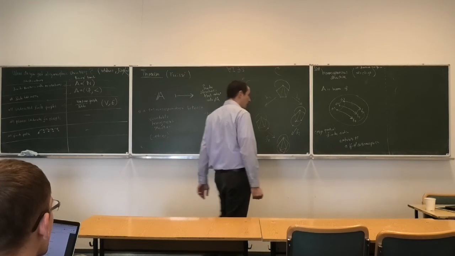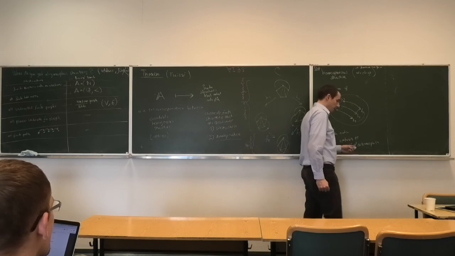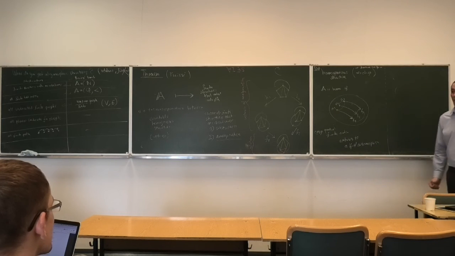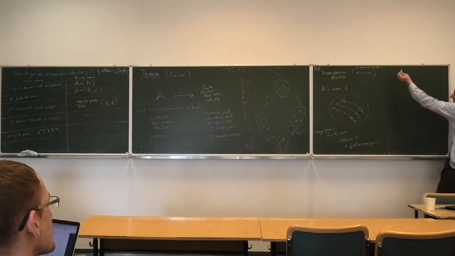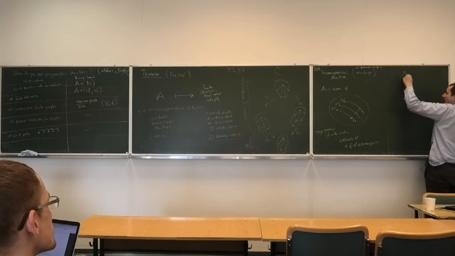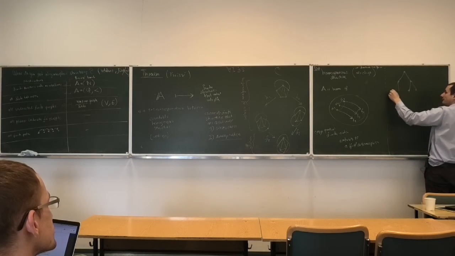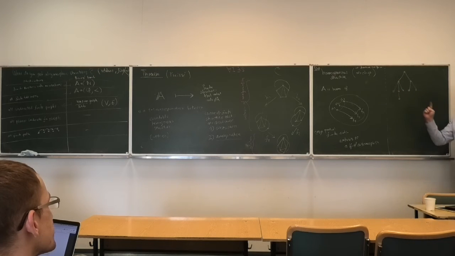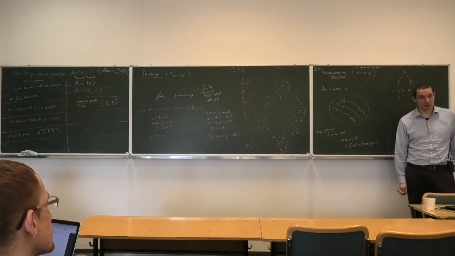So let's try it out. The general idea is that a tree is like this, yes? So how would we model a tree as a relational structure?